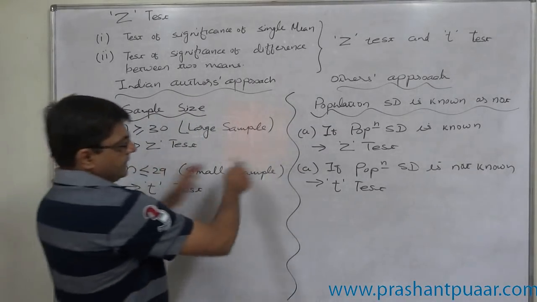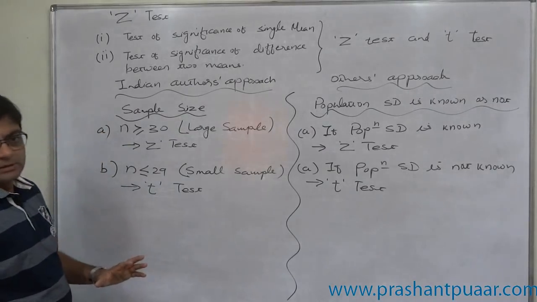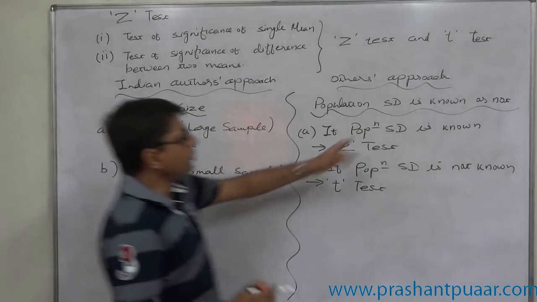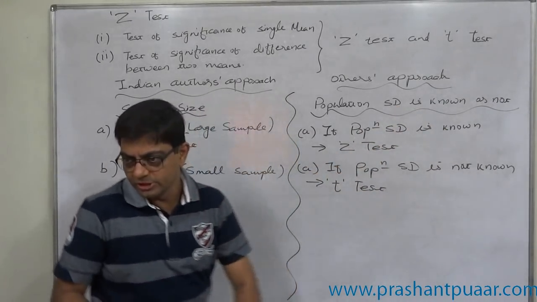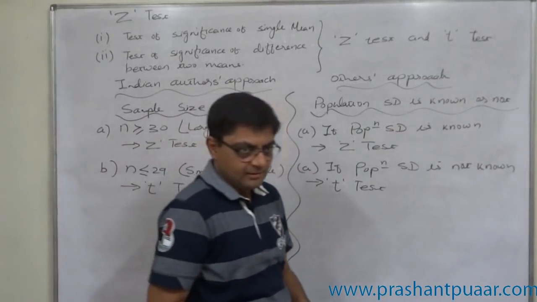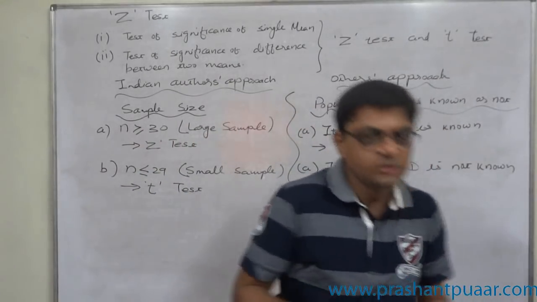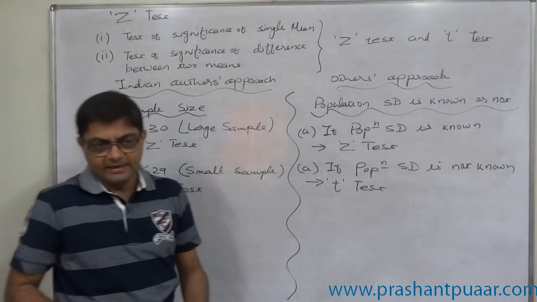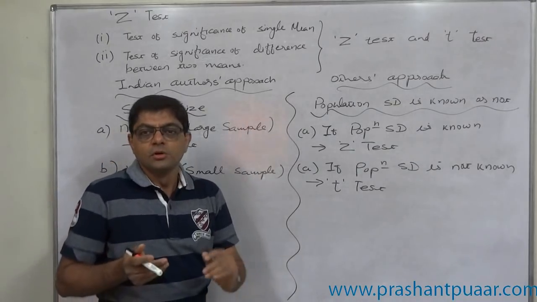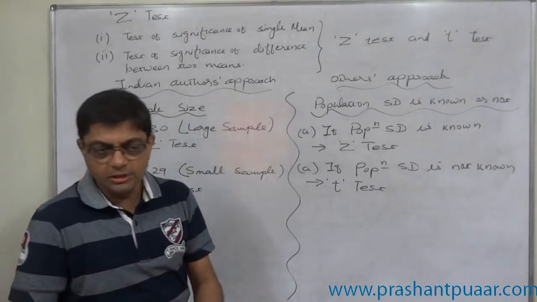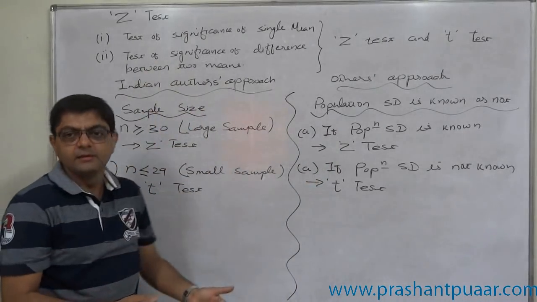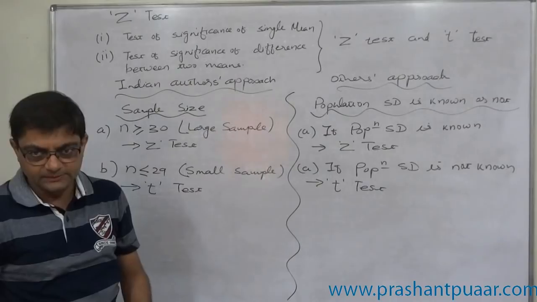But which approach is better? I personally believe this approach is better, because to know the standard deviation of population is not actually possible. That's why there is the concept of sampling. And that's why on the basis of the sample study, whether to draw the same conclusion about the population or not, for that purpose we are actually using test of hypothesis.